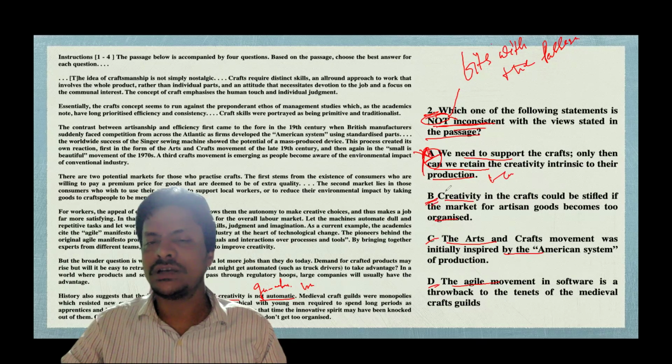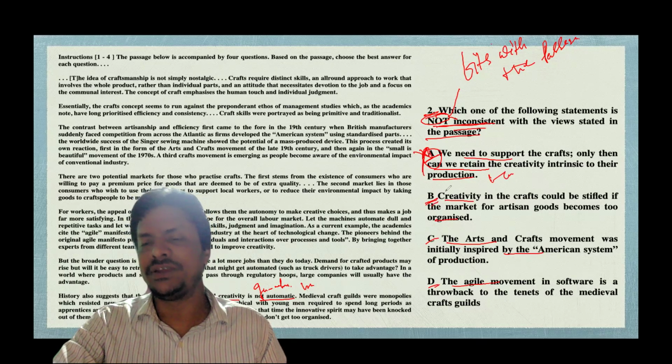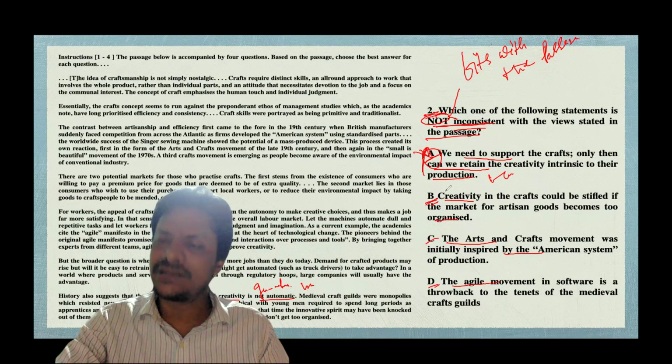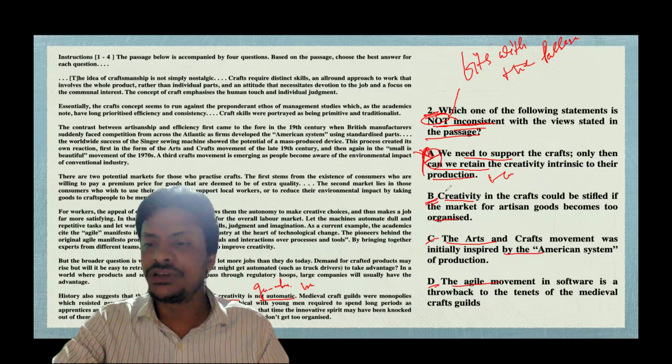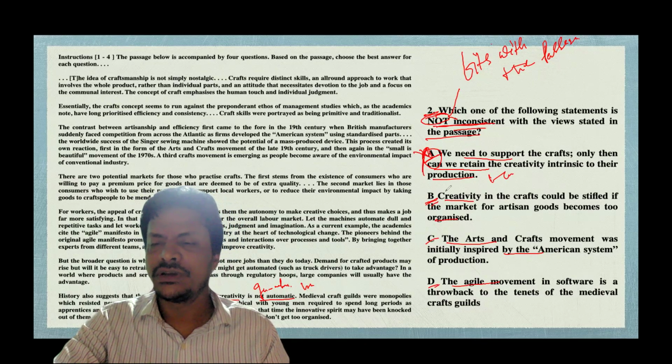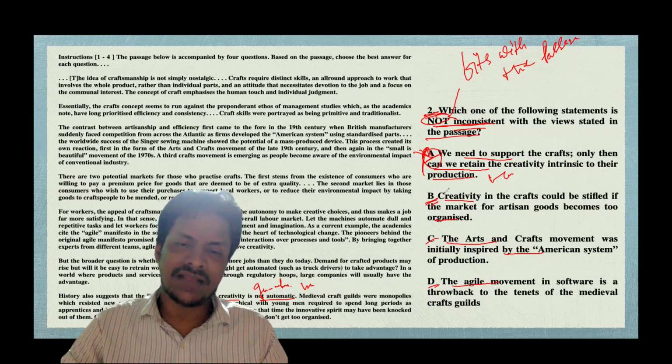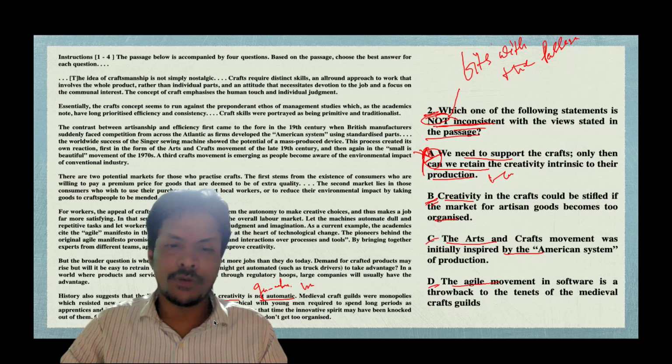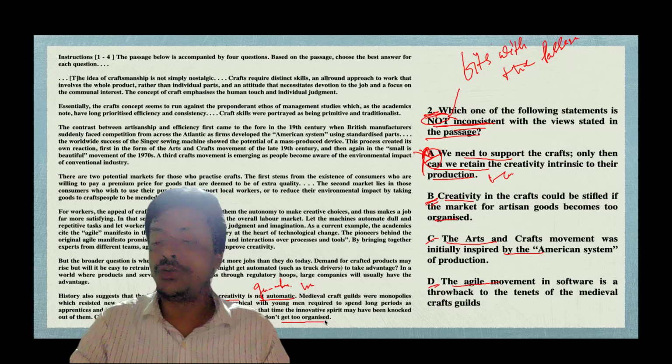Now, B is trying to say that creativity in the crafts could be stifled if the market for artisan goods becomes too organized. It means if crafts become too structured or rigid, creativity could be reduced. In the passage, in the last lines, it is stated that craft workers can thrive in the modern era, but only if they don't get too organized.